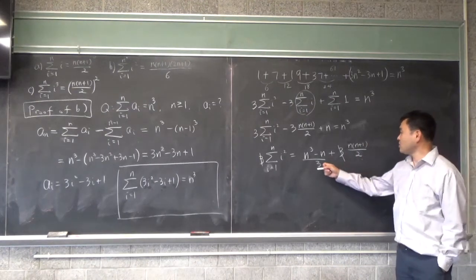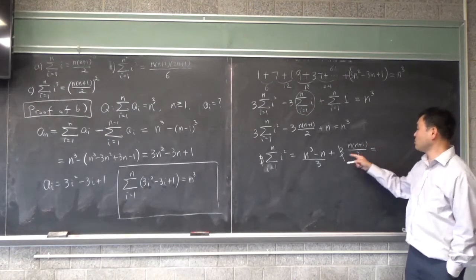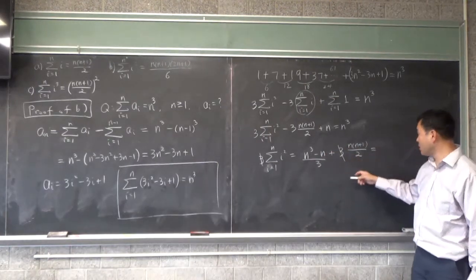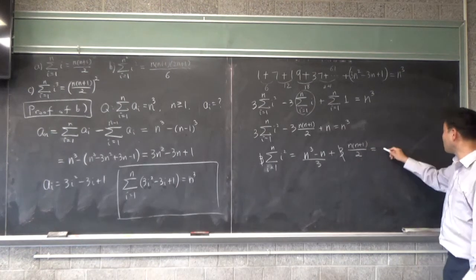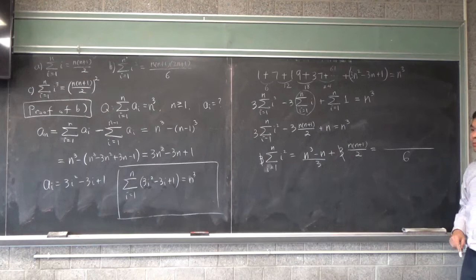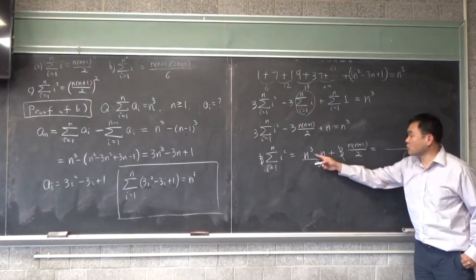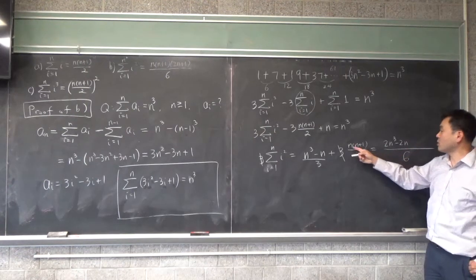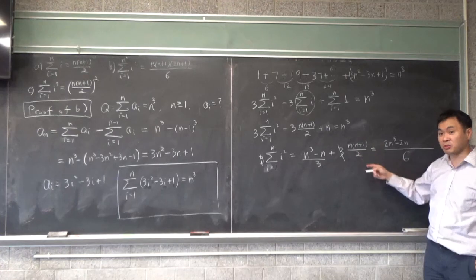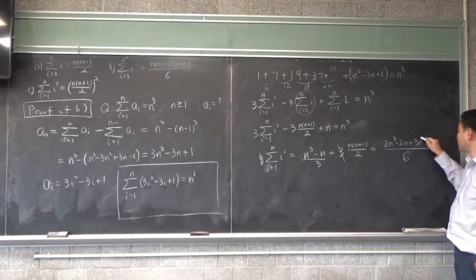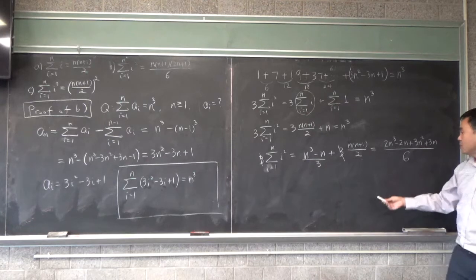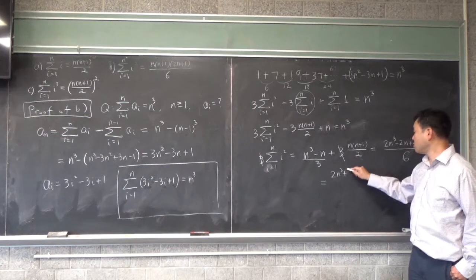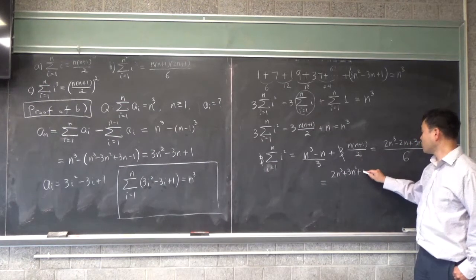And then we see that this is over 3, that's over 2, so if we want to make them into a single fraction, we better multiply 2 top and bottom here, and 3 top and bottom here, so that everything is over 6, right? And then, since I multiply by 2 for this one, it's 2n cubed minus 2n, whereas this is n squared plus n, and I'm multiplying by 3 top and bottom, so it's plus 3n squared plus 3n, and this results in 2n cubed plus 3n squared plus n over 6.